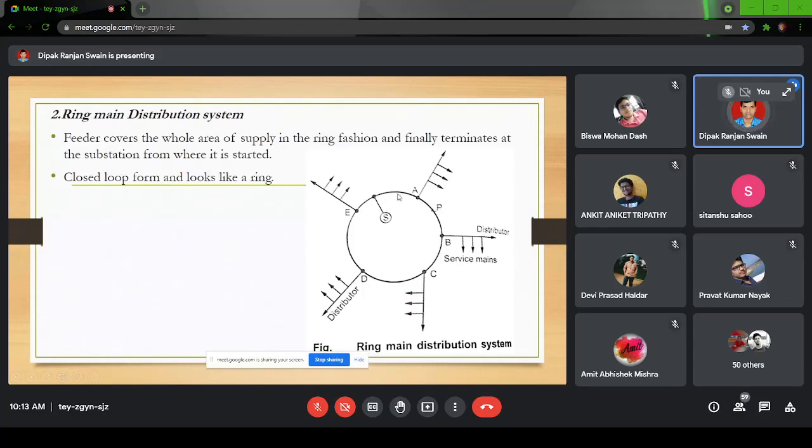Only I1 current flows in this one, so the drop will be somehow less. In the radial system, what was the current? The total current I was flowing through one line. So point A was subjected to some higher voltage drop, point B a higher voltage drop, point C a still higher voltage drop, and like that it increases. But in the ring, as the current is distributed in both the paths, the current in a single feeder is somehow less.